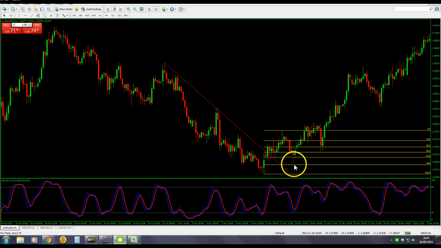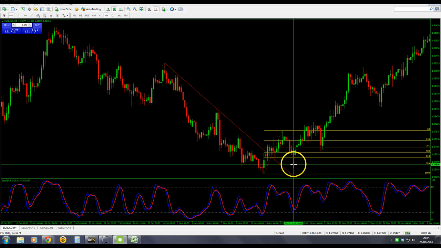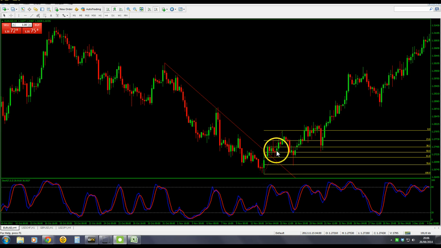When the price comes to a 78.6 after a signal to buy, you could enter your trade here at very tight stop. Let's measure the distance from there to down there, so we're talking 40 pips. That's a big difference from 95, wasn't it?